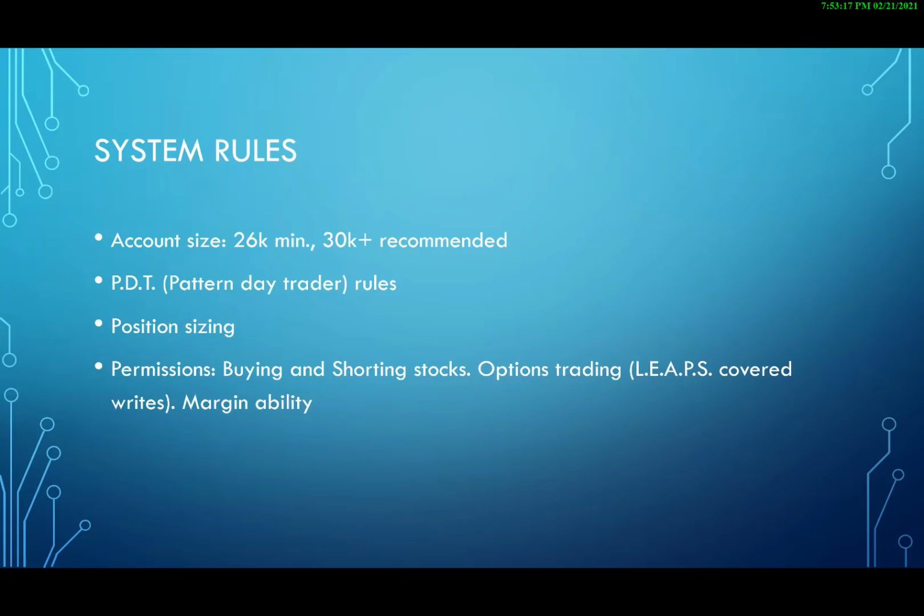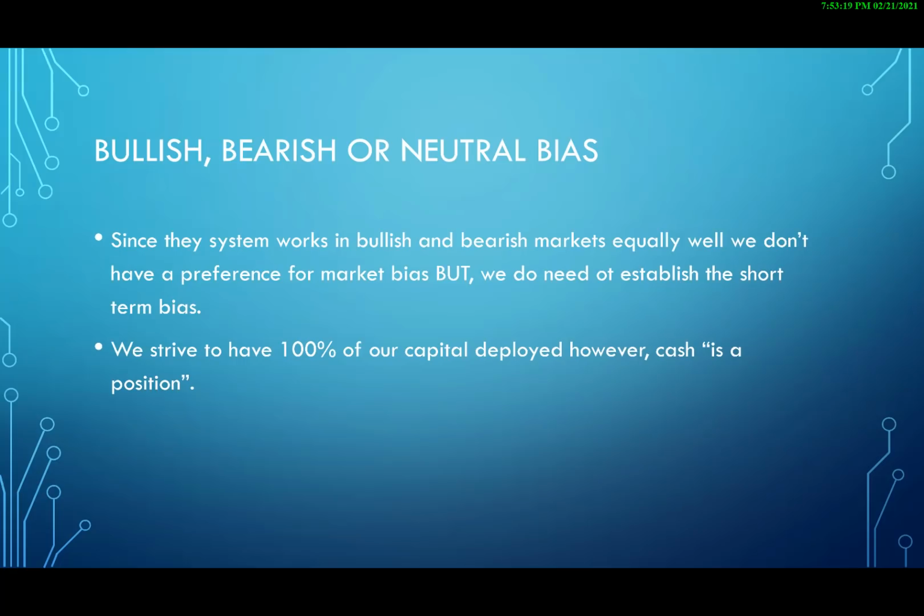Okay. In addition to those system rules, I guess the first thing we've got to decide is, is this a bullish, a bearish, or a neutral bias market that we are trading in? So the system does work in bullish and bearish markets equally well. We don't care if the market is going down or if the market is going up. There's no preference to us because the profit potential for us is exactly the same.